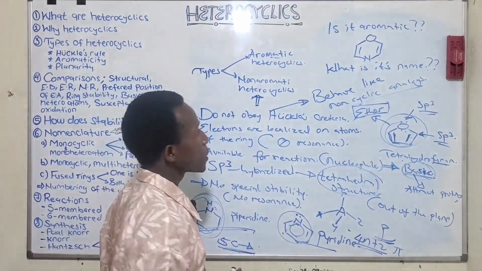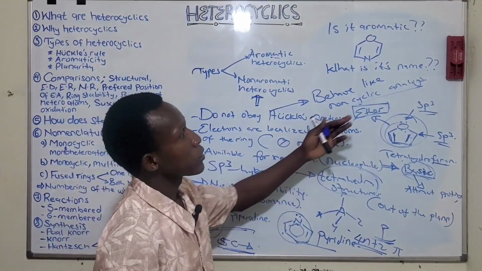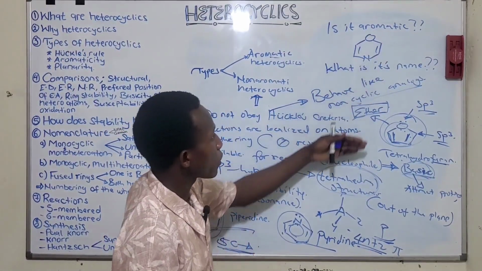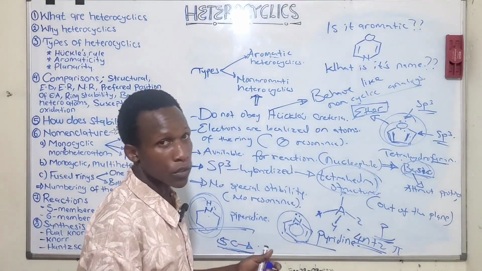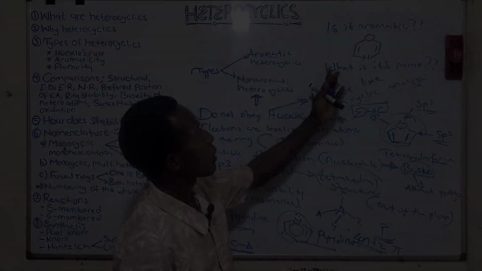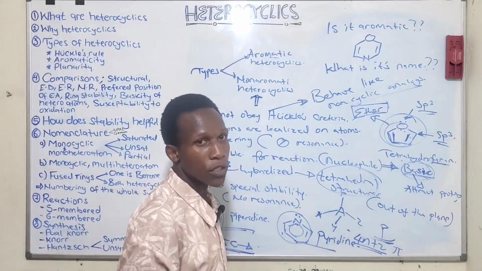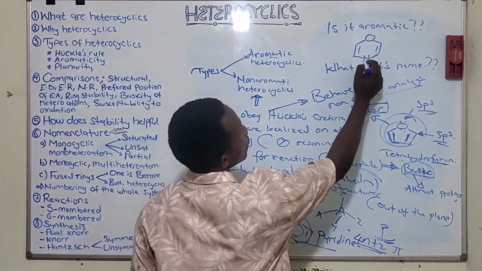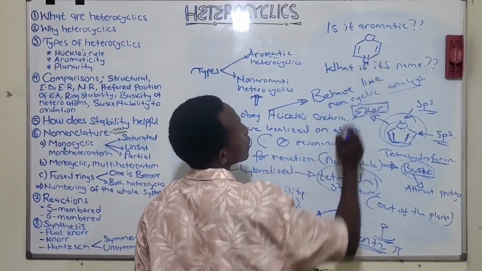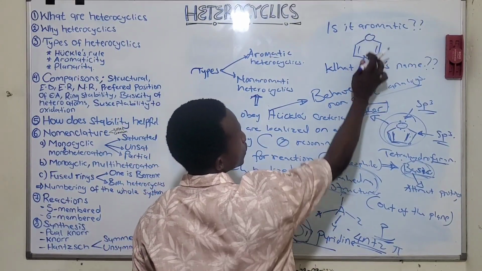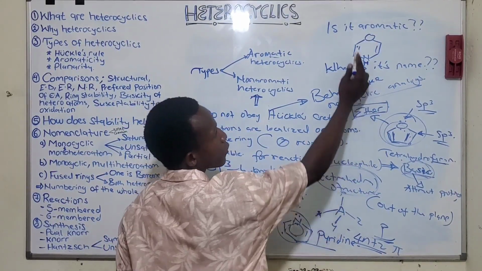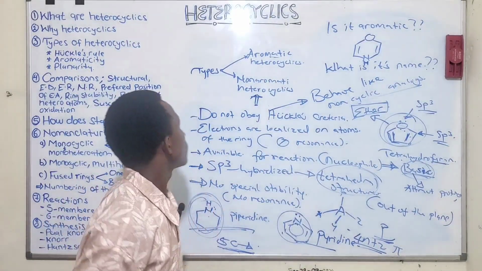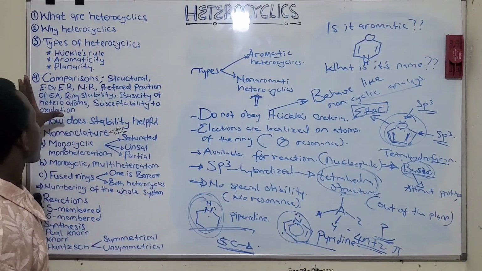At the end of the topic, you should be able to name this heterocyclic. For the aromaticity, at least for now, you can check whether it satisfies Hückel's criteria. Please put the answers in the comment section and see whether you really follow the discussion. Here we have oxygen, nitrogen with a hydrogen, and we have double bonds. So let's go to comparisons.